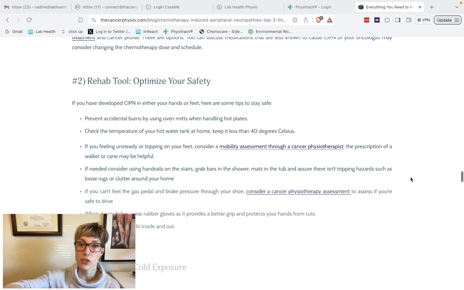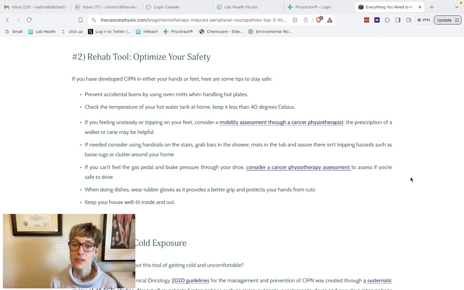The second tool is to optimize your safety. This is in terms more, I would say, of management instead of prevention. But there's a whole list of little hacks and tools here, like using oven mitts when handling hot plates, checking the temperature of your hot water tank, making sure that you have some night lights if you're feeling a little unsteady.